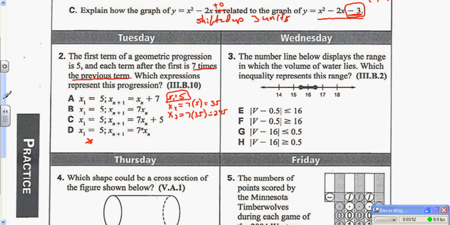But to find the next one, we have to write down a rule. So if the first term is 5, the next one, n plus 1, meaning the second or third or fourth one, is 7 times the previous. If you're looking for n plus 1, the previous one would be x sub n, meaning this little letter represents the position.